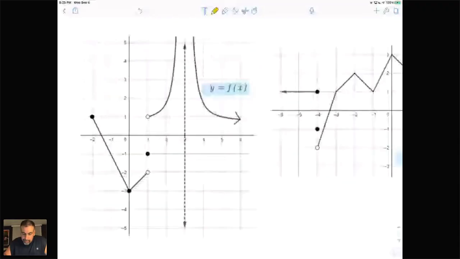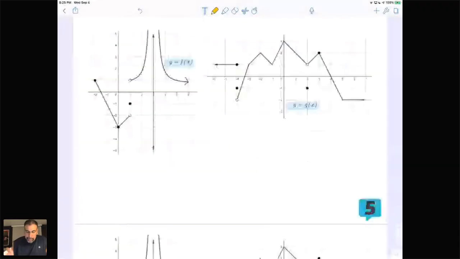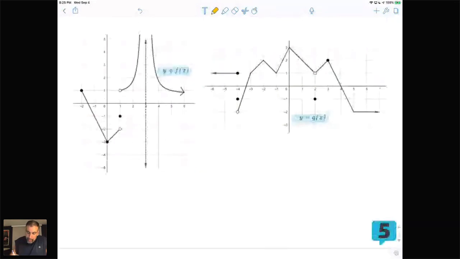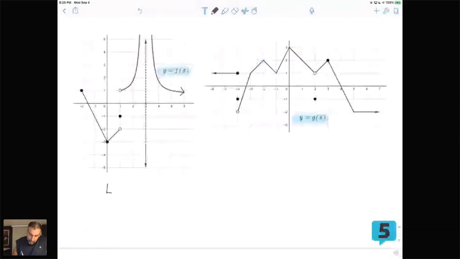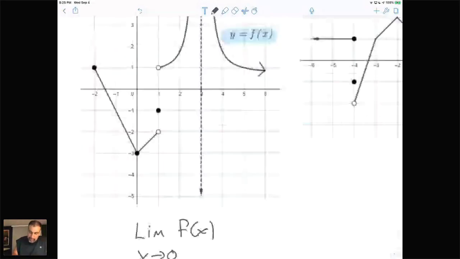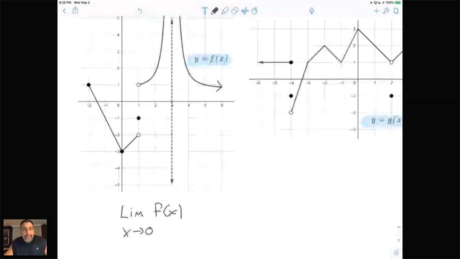So the first question I want to ask, just keep it simple, we'll build up the level of difficulty. When we look at f of x, what is the limit as x approaches 0 of f of x? Okay, so again, we're just focusing on that one.